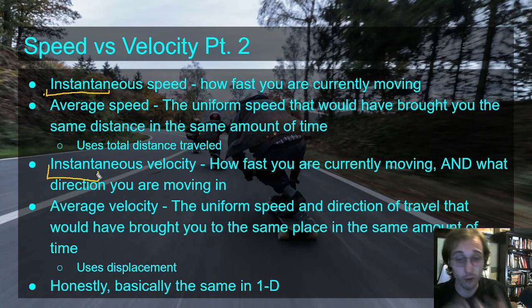And so it's the uniform speed and uniform direction of travel, meaning the speed doesn't change the whole time and the direction doesn't change the whole time, that brings you to the same place compared to where you started from in the same amount of time. And that one uses displacement. As far as 1D is concerned, unless you're turning around, these are basically the same as each other. This gets a lot more different when you have turning involved, though.